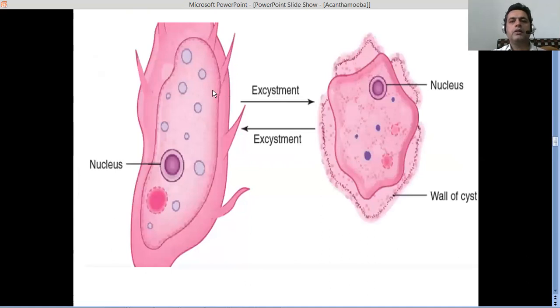So, excystation. The nucleus, you can see the different forms. This is the active form on the left side.